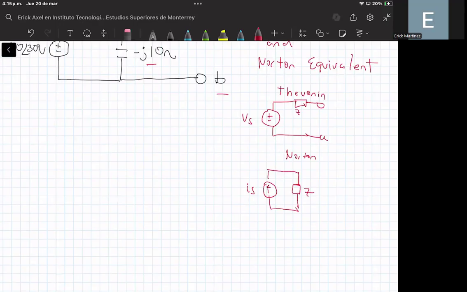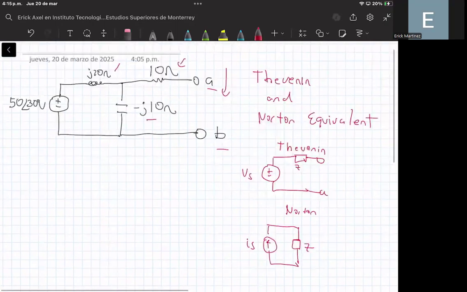So this is the Thevenin and this is the Norton equivalents, okay? So for this circuit, we can first compute the Thevenin equivalent across these terminals A and B, and then we can obtain the Norton equivalent.